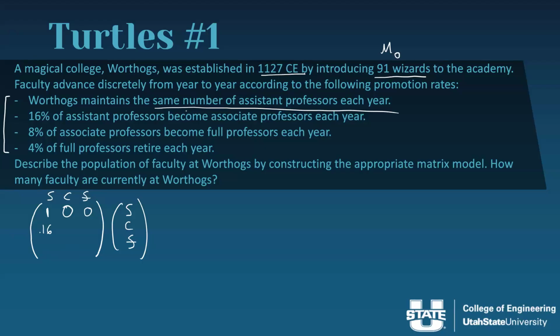If 8% of them become full professors, I'm going to put a 0.08 right here, so that when I do my multiplication, it adds. But if 8% of them move on to become full professors, that means 92% of them have to stay as associate professors. So I'm going to put a 0.92 right here, so when I do my multiplication, that 0.92 stays.